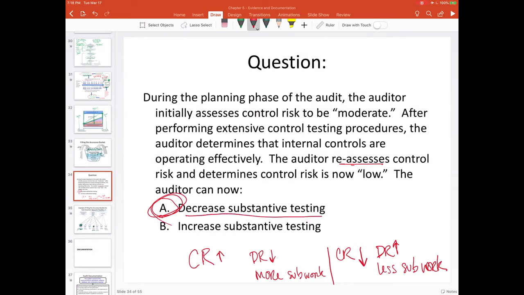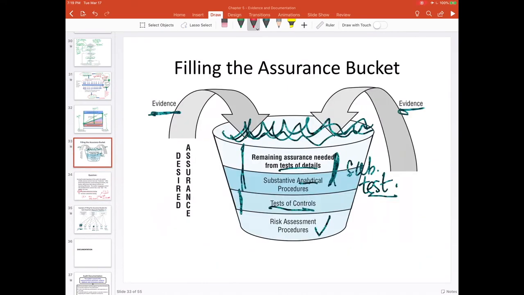And remember, what goes along with that, what's kind of unsaid in this question, is if they're assessing control risk lower, that means they think controls are effective and they are going to be doing more test of controls. Right? So they're going to be getting more evidence in their bucket, if you will, from test of controls than they formerly were.